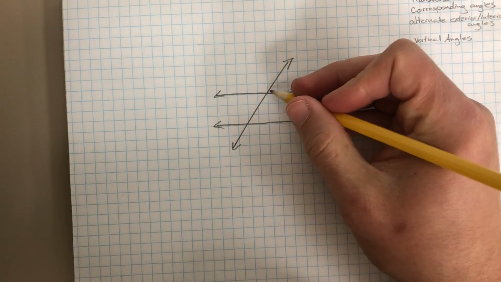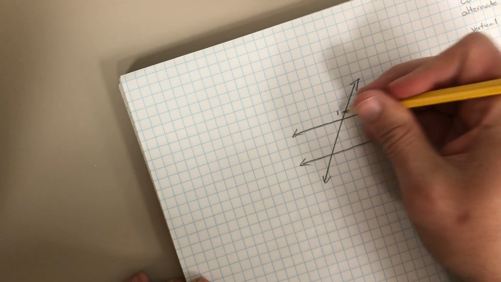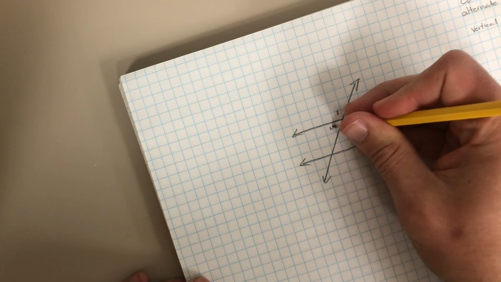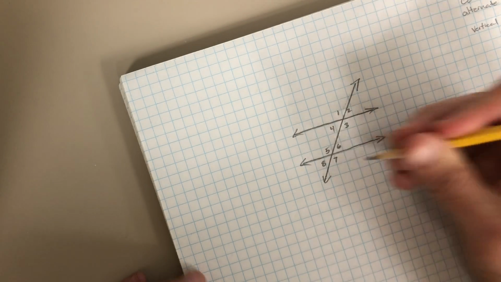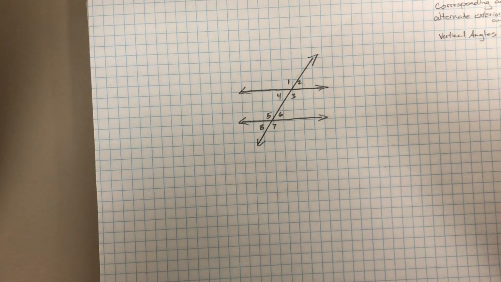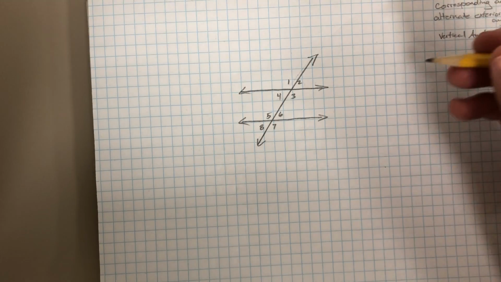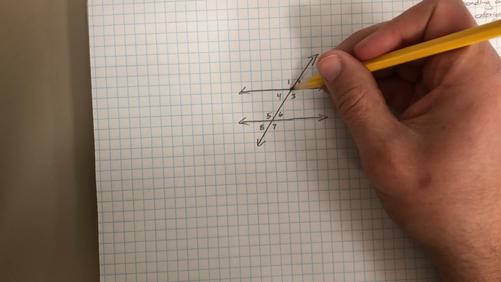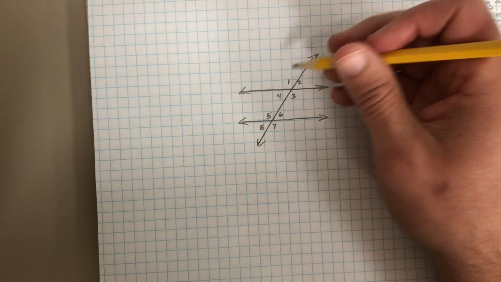And a transversal that intersects two parallel lines will form 1, 2, 3, 4, 5, 6, 7, 8 angles. Okay? Now, there are angles that correspond with one another. In other words, they're in the same spot. So, for instance, if I look here, angle number 1 is in the same spot as 5 down there.